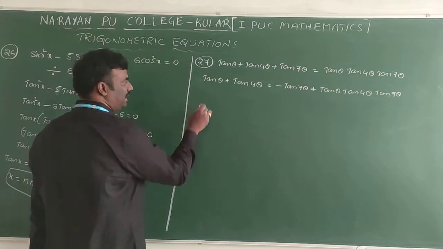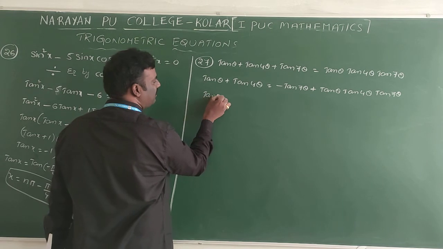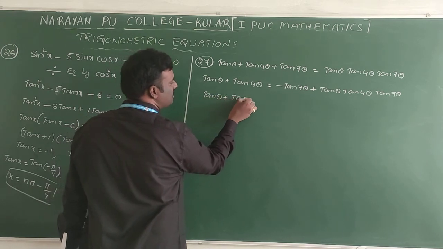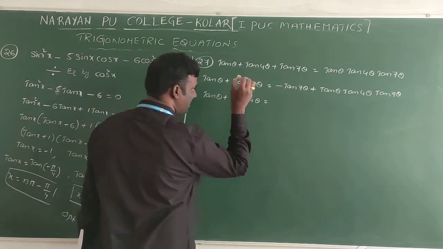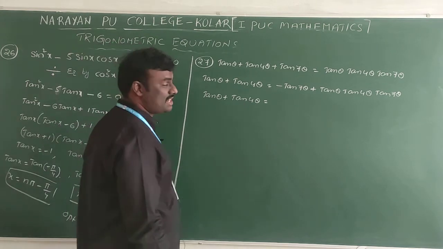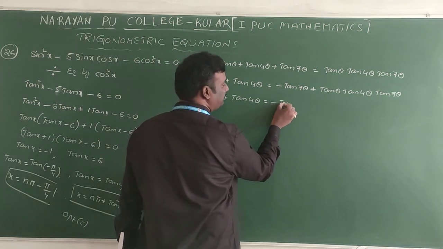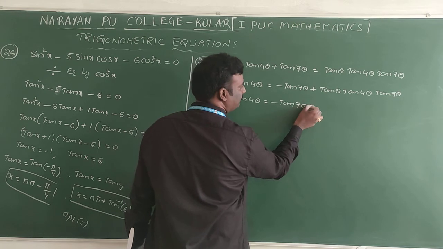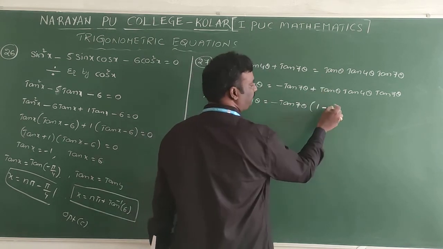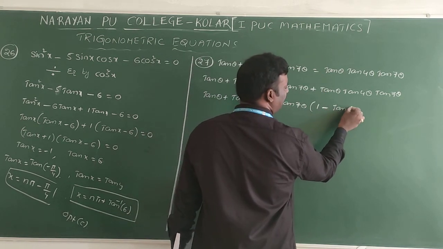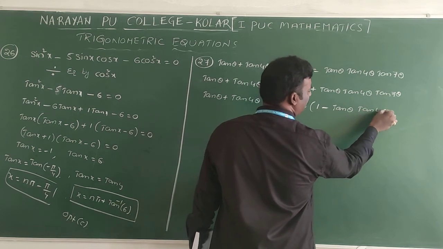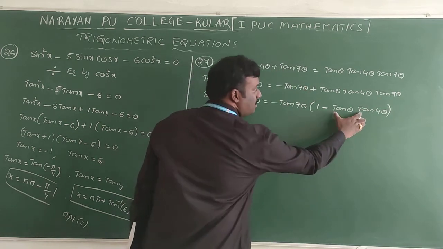Now it can be written as tan theta plus tan 4 theta is equal to, taking minus tan 7 theta common, 1 minus tan theta into tan 4 theta. Send this value to the left side.